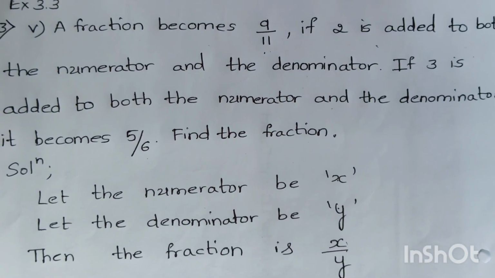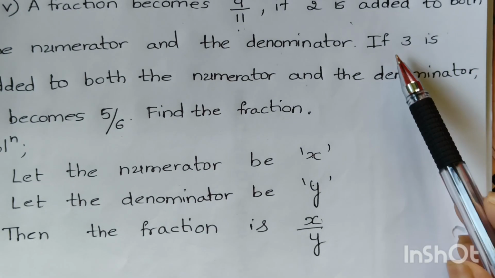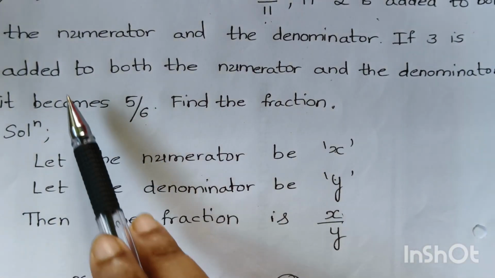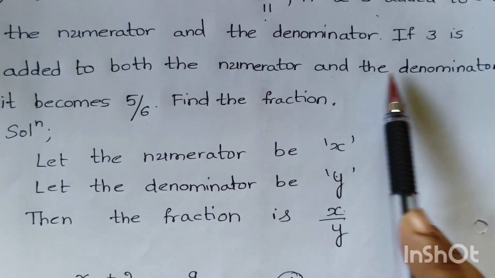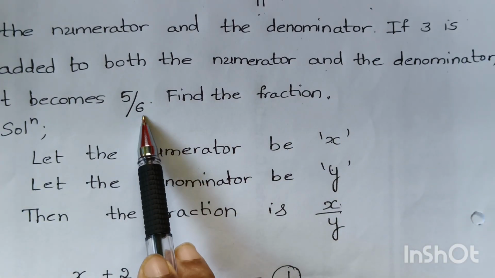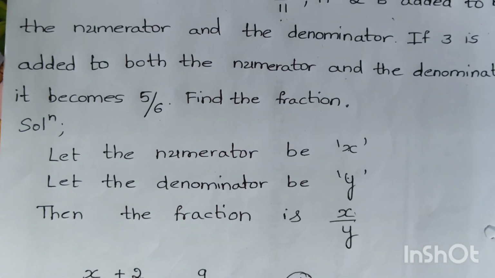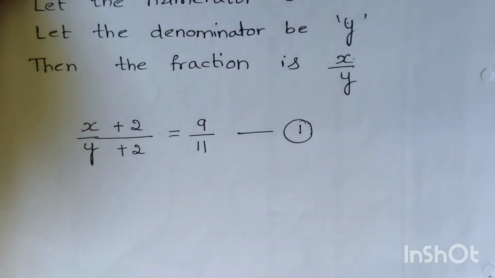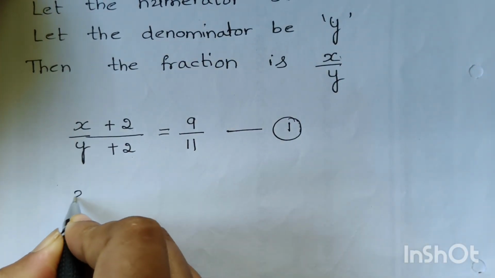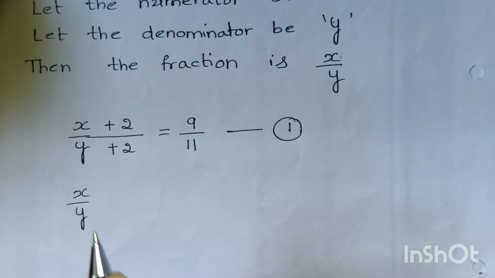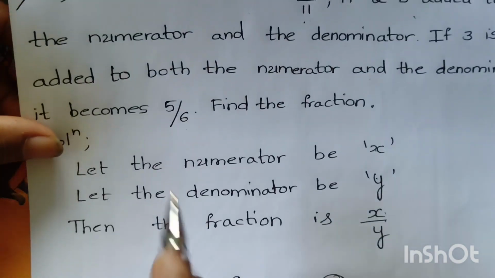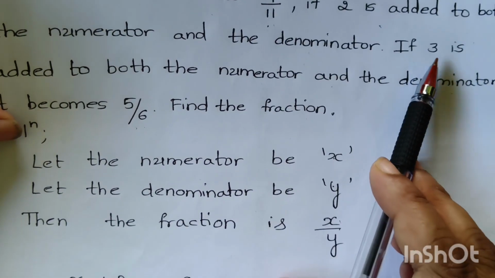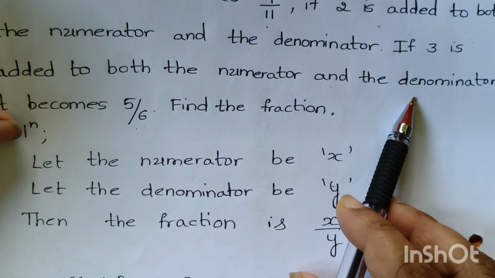Then now look at this sentence. If 3 is added to both the numerator and the denominator, it becomes 5 by 6. What does it mean? They are saying that the fraction, that is x by y, will become 5 by 6 when we add 3 to the numerator and denominator.